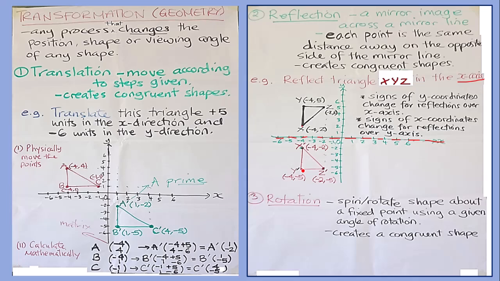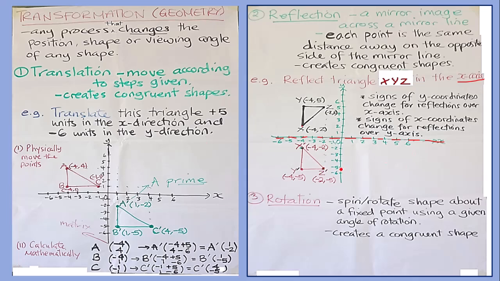Okay, so we plot the point Y prime, and we do the same for point Z. Point Z is 1, 2, 3, 4, 5 steps away from the mirror, and so the image of point Z will also be 1, 2, 3, 4, 5 steps away from the mirror on the opposite side.